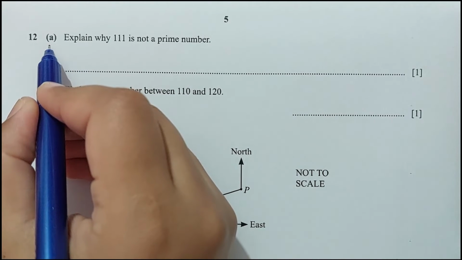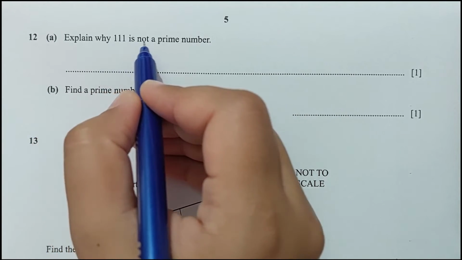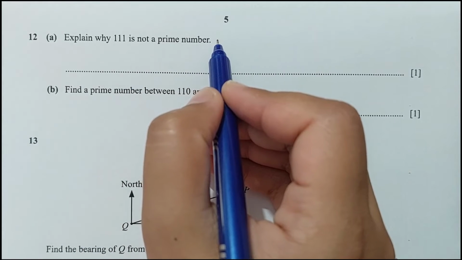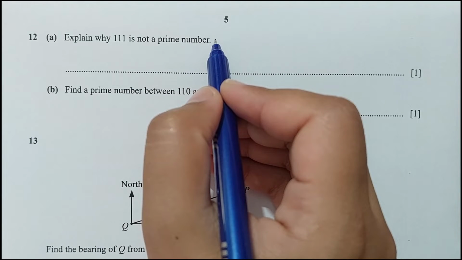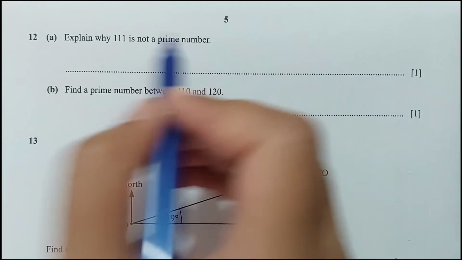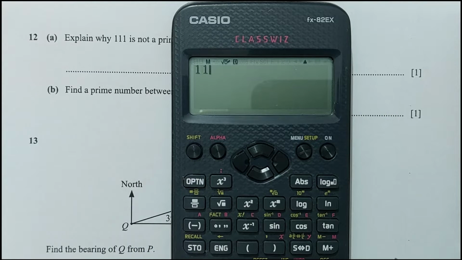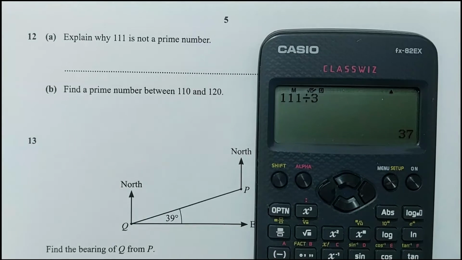Question number 12, part A, explain why 111 is not a prime number. Okay, if it is not a prime number, it has a factor other than 1 and itself, right? So let me check. It is divisible by which number? 111 is not divisible by 2. 111 is divisible by 3, yes. 3 times 37 is 111, right?